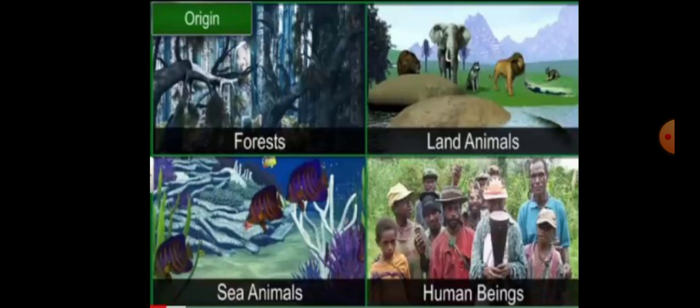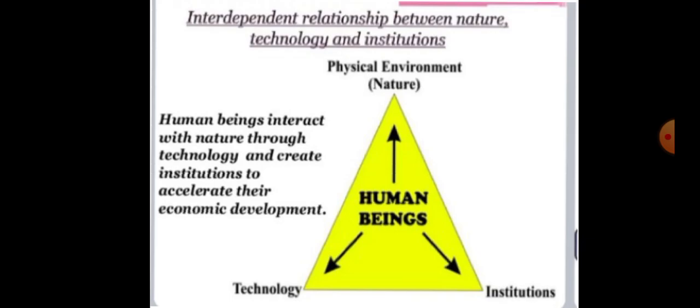The forest, land, animals, sea animals, human beings, these all are resources and they can be called so by their existence or origin. Now we see that no one species on the earth is independent. We are all interdependent on one another.